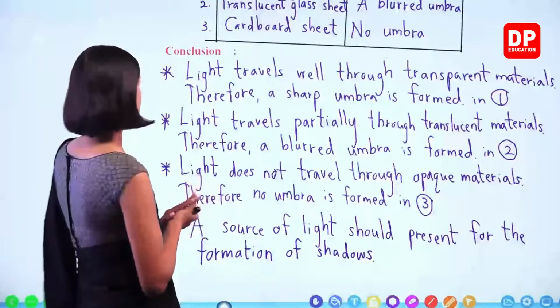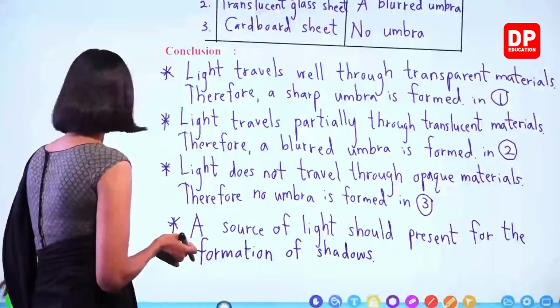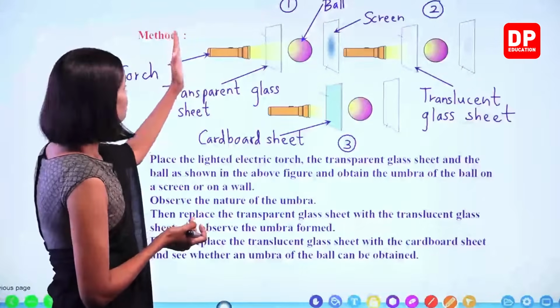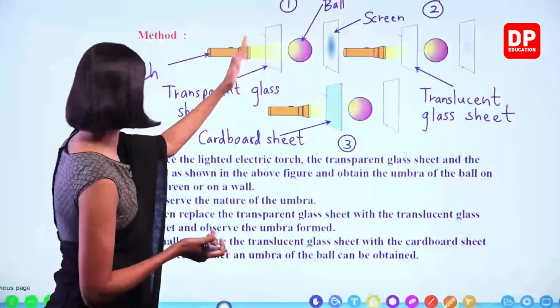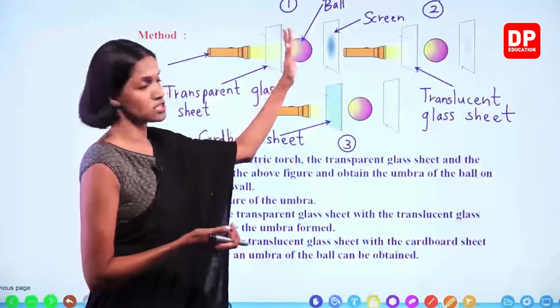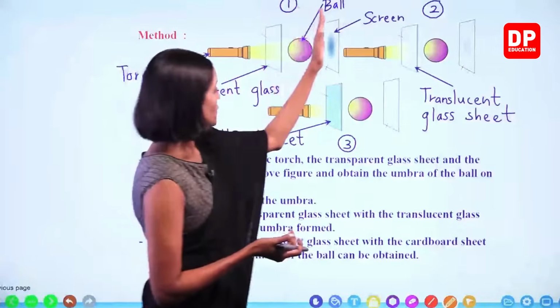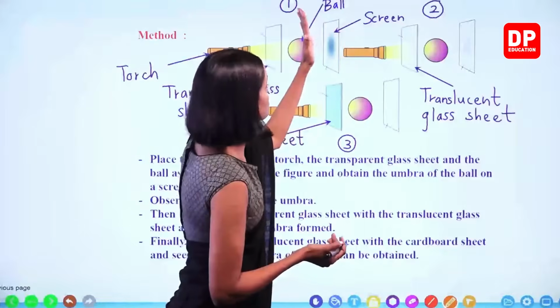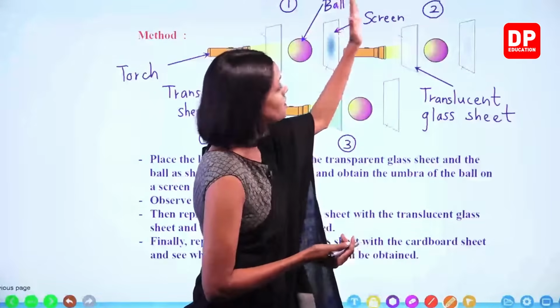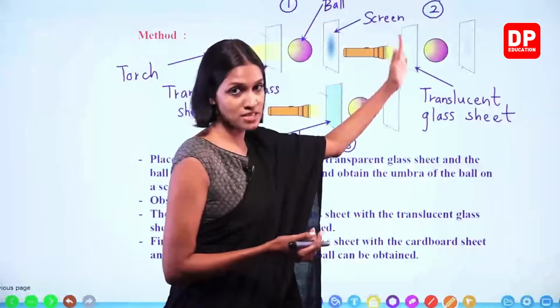Right, children? So here, a source of light is present. Now here, because of the transparent glass sheet, the entire amount of light reaches the ball, right? So here, even though the source of light is present, that entire amount does not reach the ball because of the translucent glass sheet placed in between.